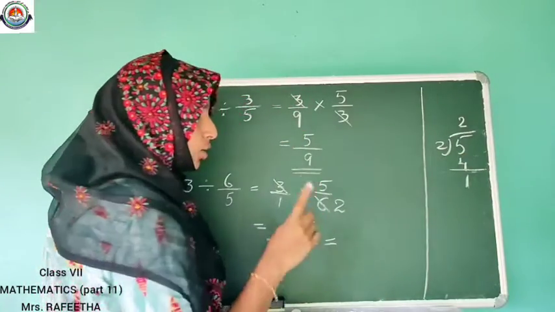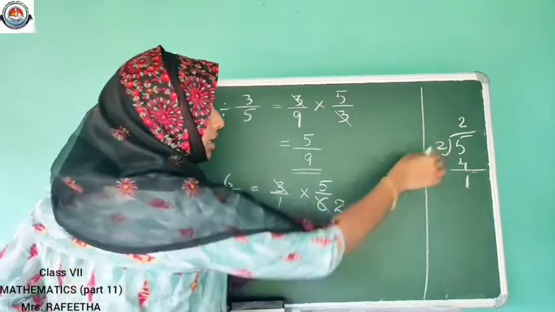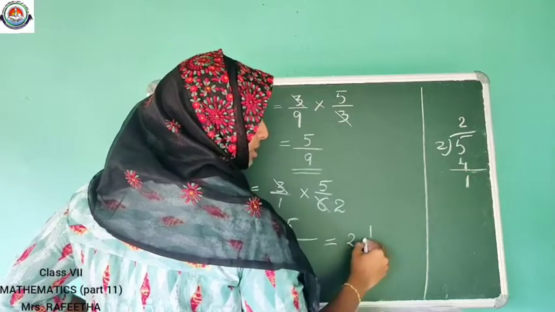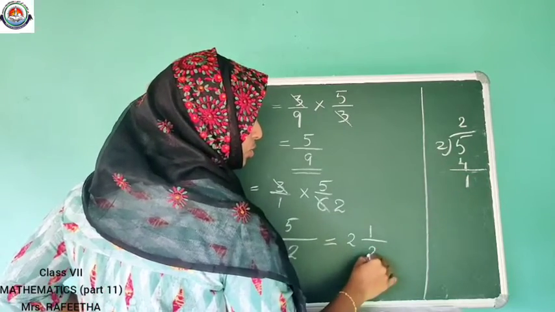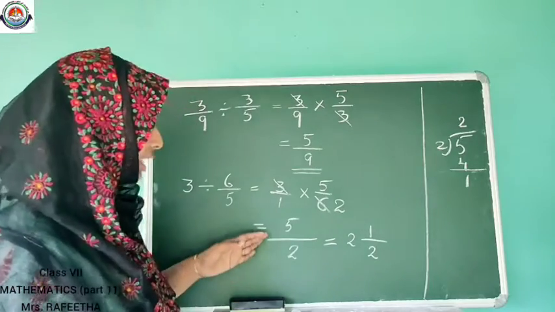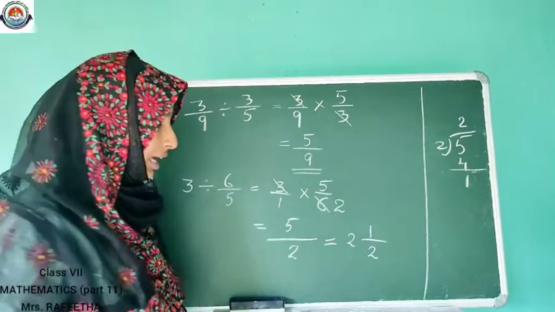So how can we write? Quotient plus remainder divided by divisor. Here the quotient is 2 plus the remainder 1 divided by 2. So 2 and 1 by 2 will be the answer. We know that half of 5 is 2 and a half. Okay, so we get the answer.